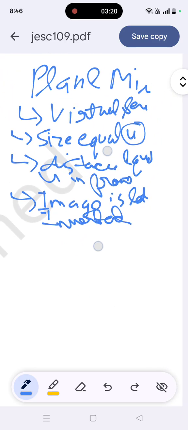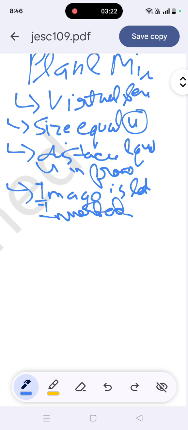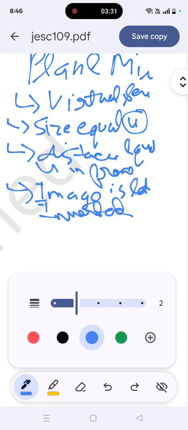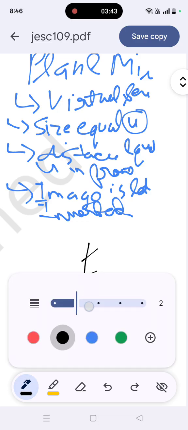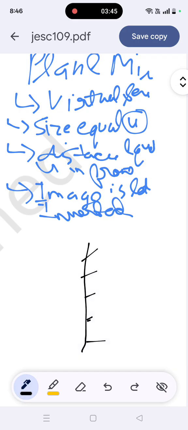Now I would like to draw the plane mirror. Let's take a different color. So this is a plane mirror.